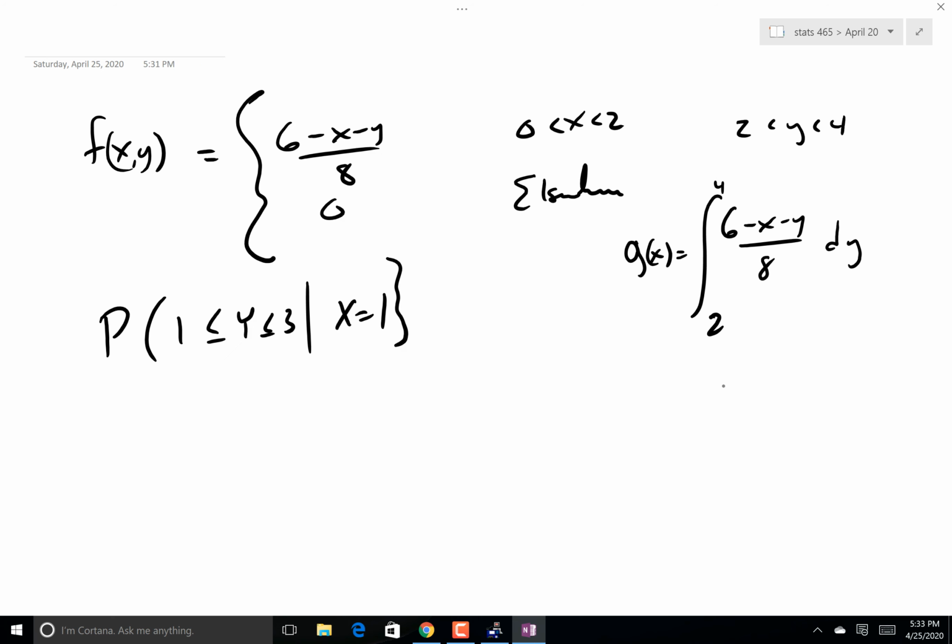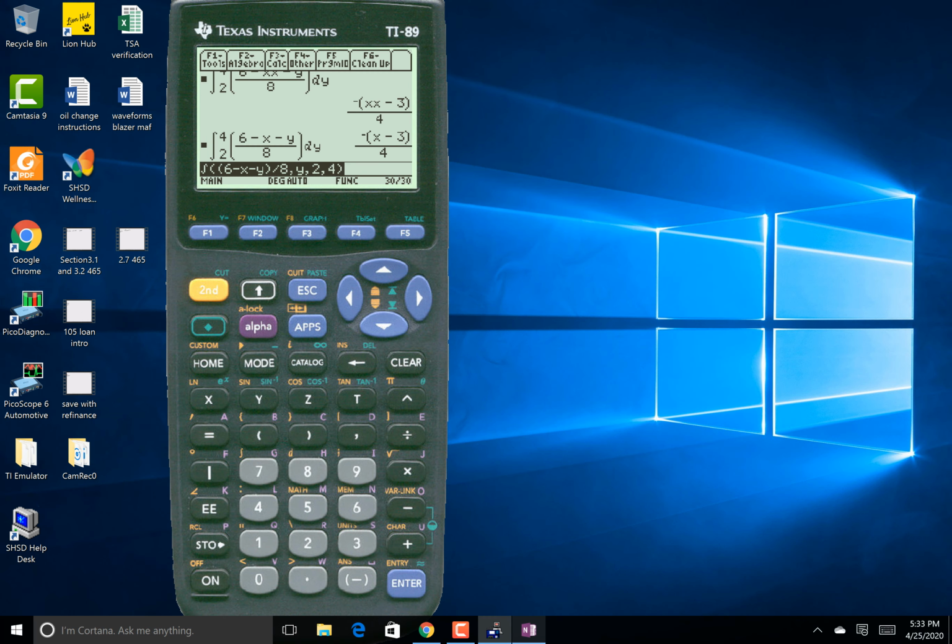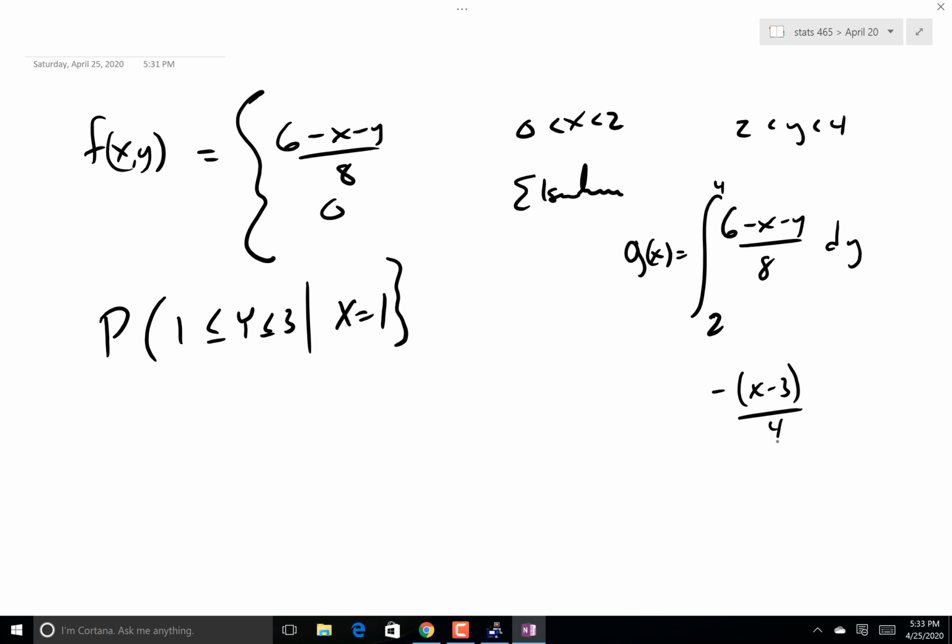So negative x minus 3 over 8 over 4. So this is the marginal of x. Awesome. So what I want then is 6 minus x minus y over 8 over negative x minus 3 over 4.